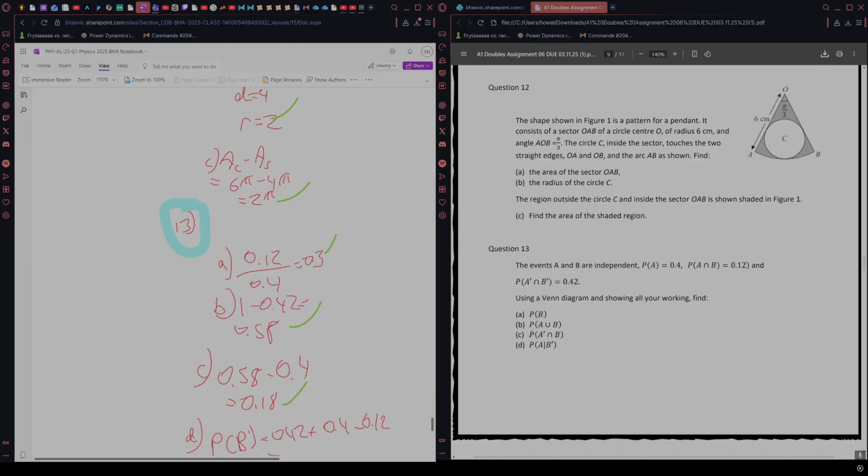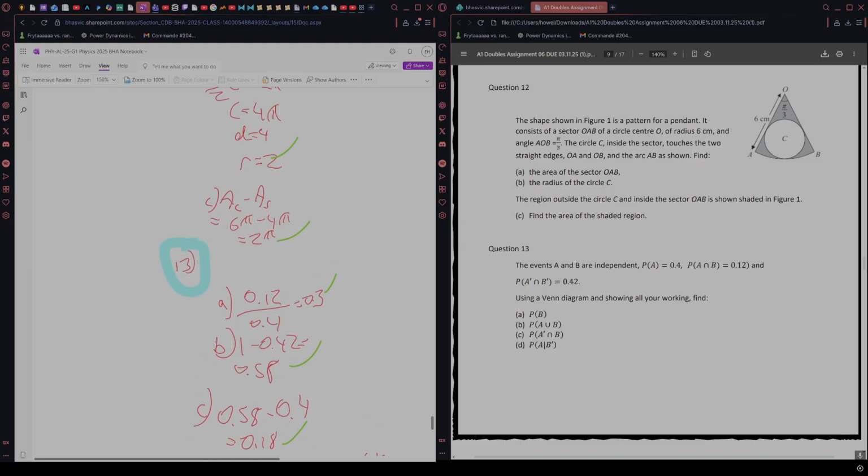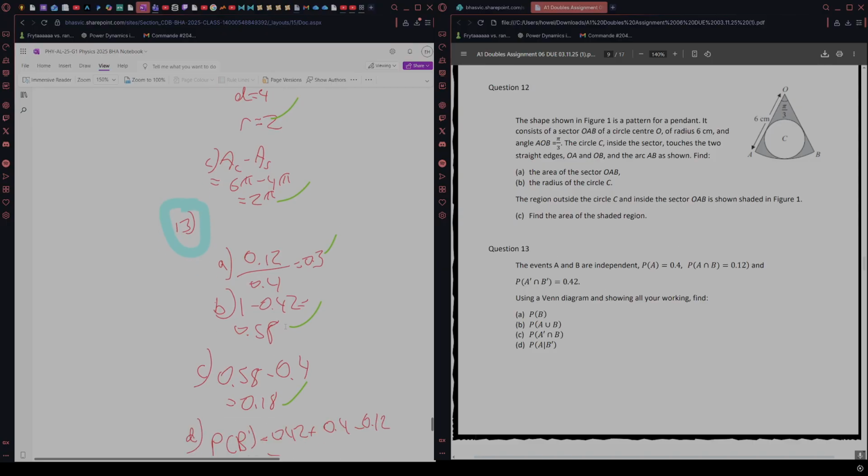Next, we're finding the probability that it's not in A, but also that it's in B. So if you imagine that as a Venn diagram, it's only going to be the bit that's in B, but not in both of them, which means that it's going to be what's not in any of them.